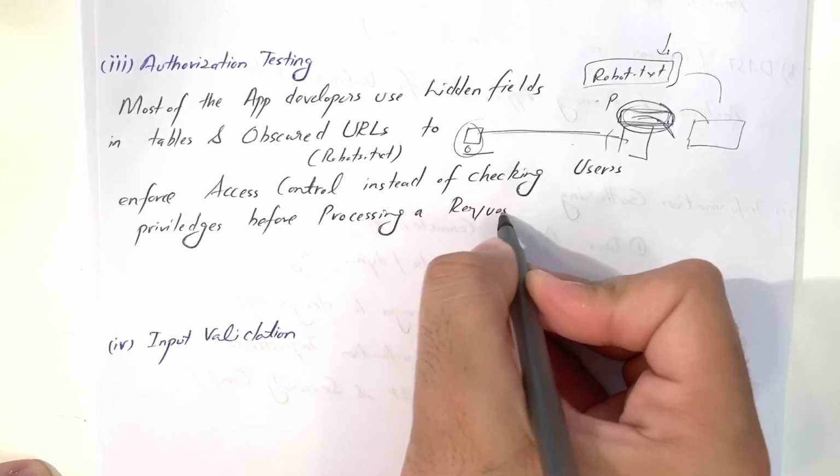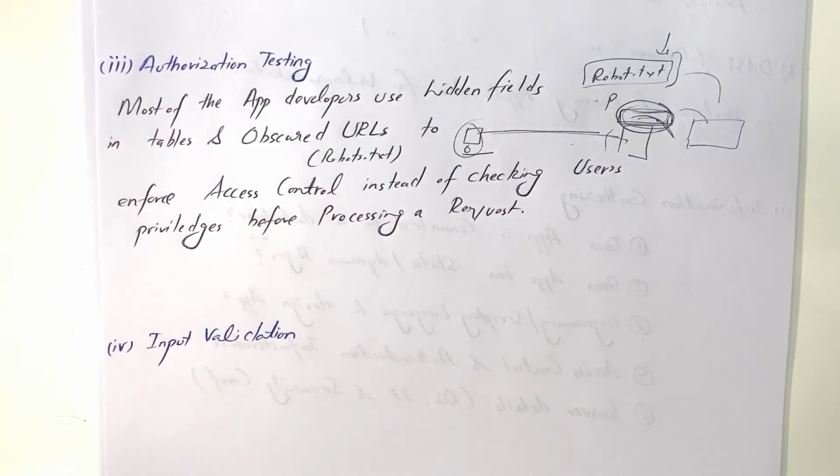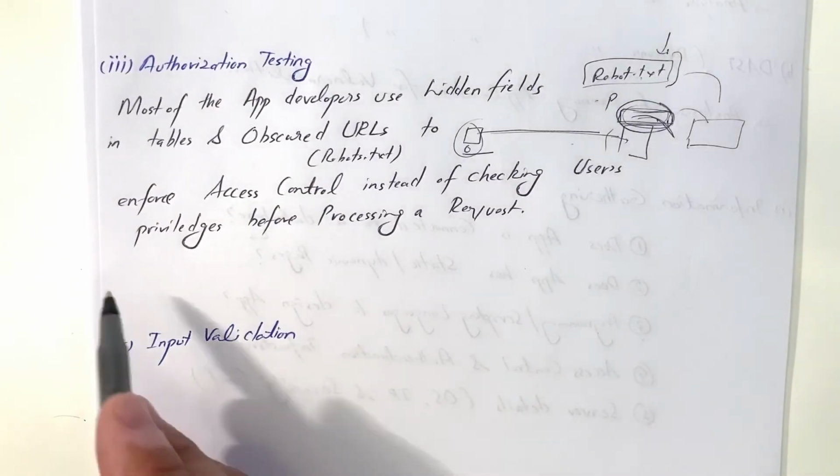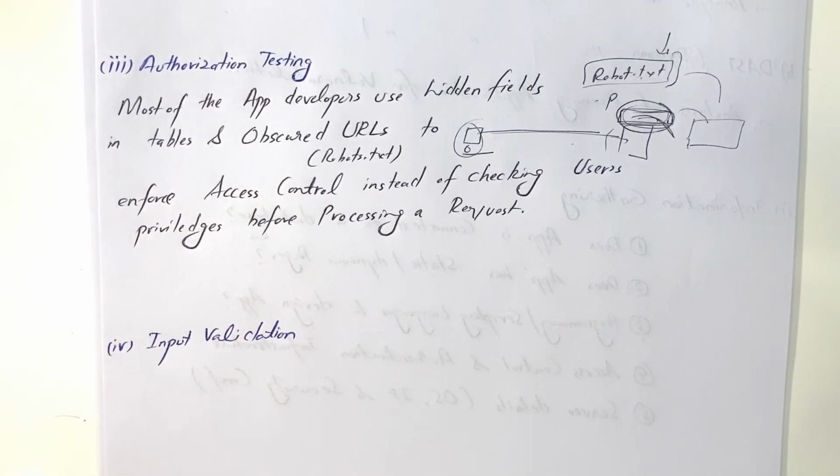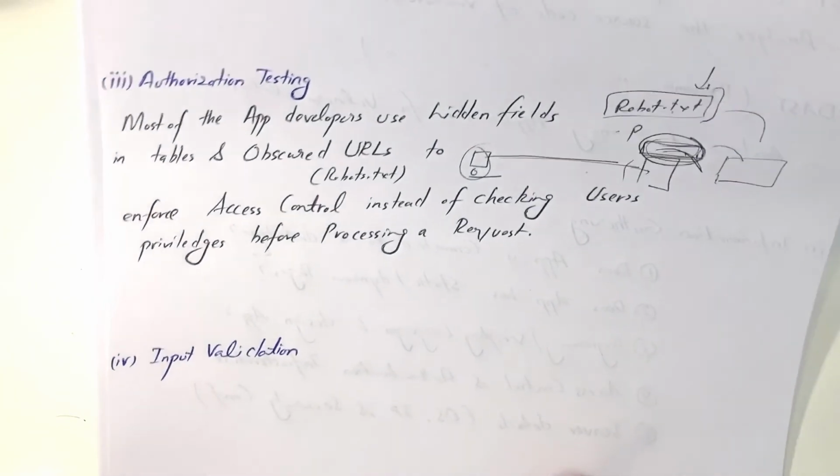So before checking the user privilege, they actually process the user request just to see whether the user is not trying to access the websites mentioned in robots.txt, like obscured websites. Because of this, a low privilege user might access the URL and get the escalation. That's authorization testing.